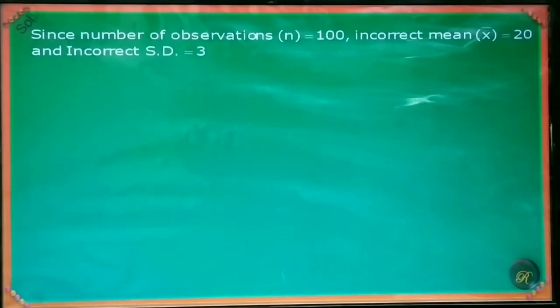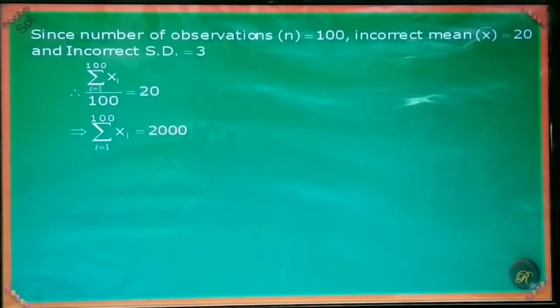Since number of observations n is equal to 100, incorrect mean is equal to 20 and incorrect standard deviation is equal to 3. Therefore, sum of 100 observations divided by 100 is equal to 20. This implies sum of 100 observations is equal to 20 into 100, 2000.